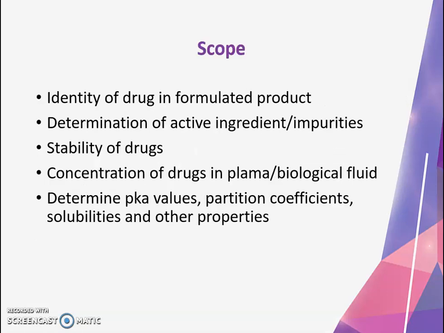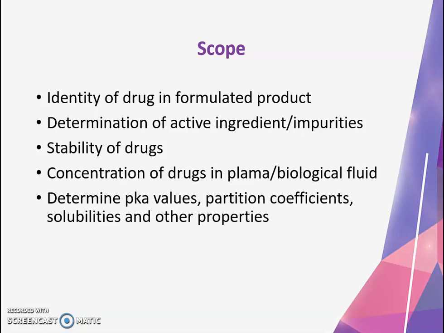Let us now see the scope, or you can say application, of pharmaceutical analysis. So with the help of pharmaceutical analysis, you can identify the drug in the formulated compound. Active ingredient or impurities may be determined. It helps to study the stability of the drugs and hence to determine the shelf life, or you can say expiry dates of the drugs.